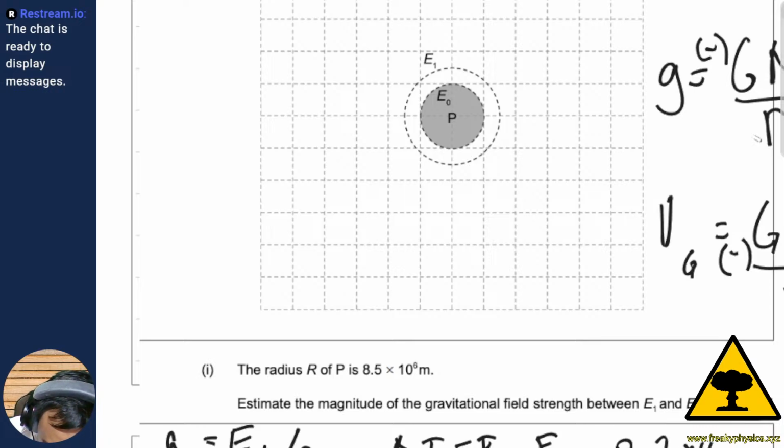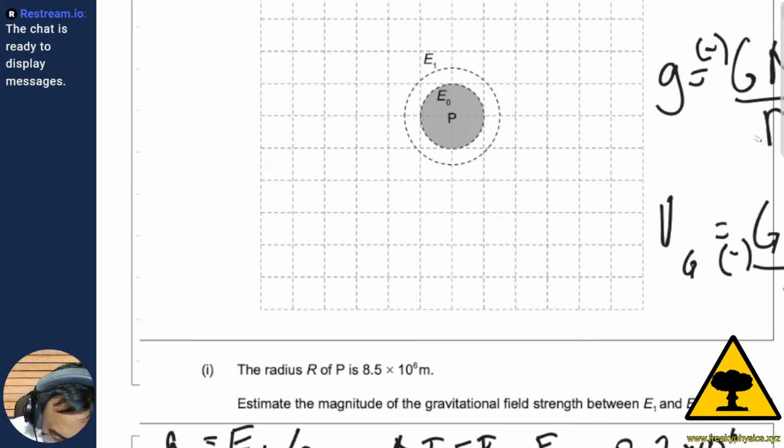All we have to do now is find this g. We can just do that. g will be equal to this delta E over, because it's just an estimate, we'll just use either r or 3r over 2. I'm just going to use r in this case.